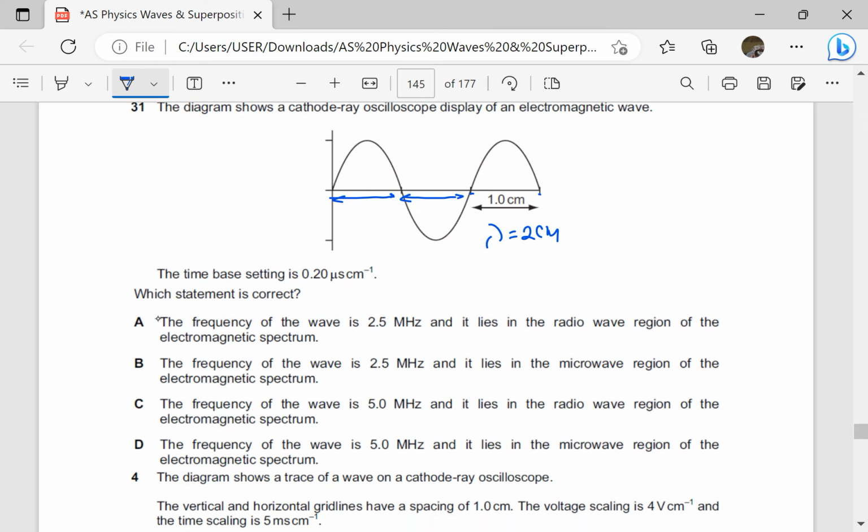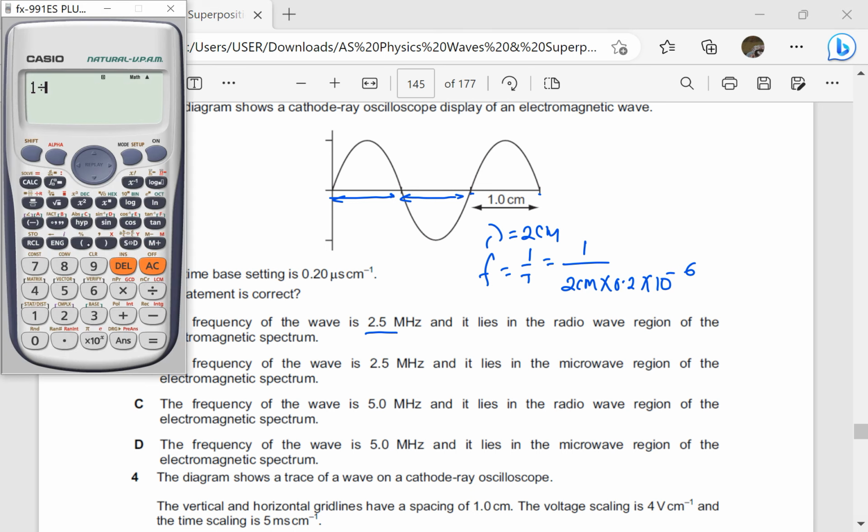The frequency of the wave is 2.5 megahertz. Let's check. Frequency is going to be 1 over period. Period is going to be the length of one cycle, which is 2 centimeters times 0.2 times 10 power negative 6.